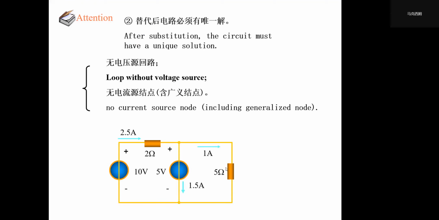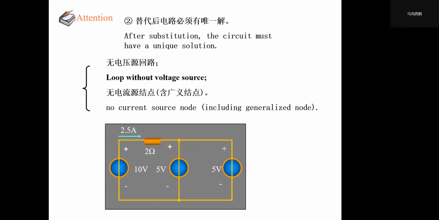So we have to pay attention. If we encounter this kind of a situation, we're probably not gonna do this randomly.